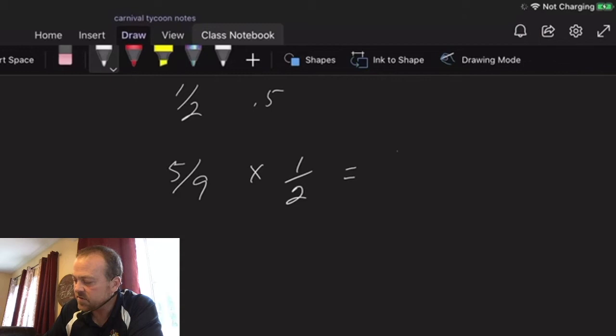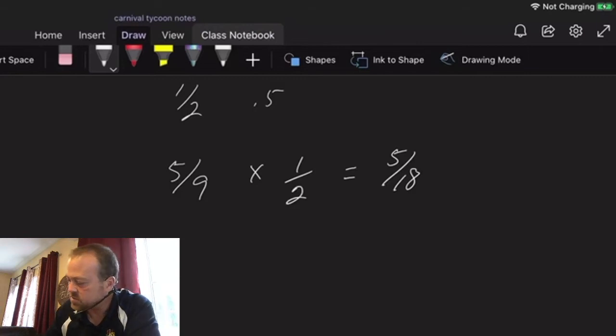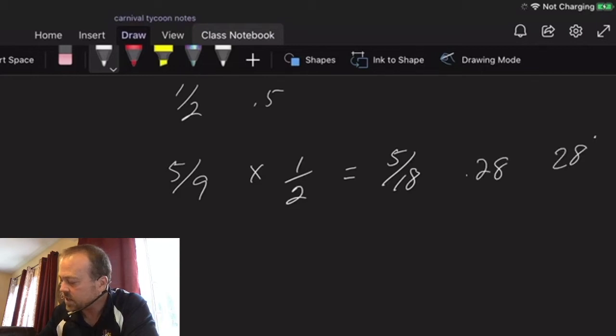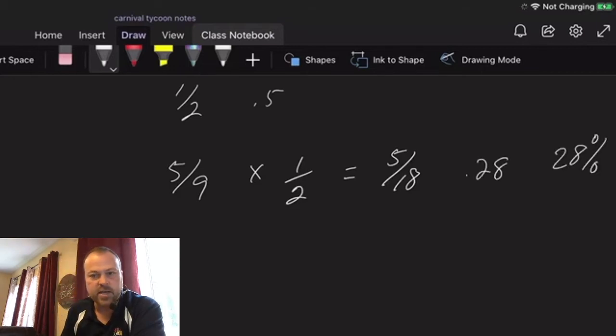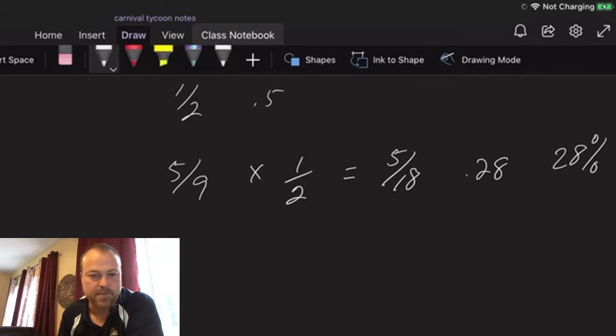That will give us 5/18. And again, not necessarily something that just comes to us off the top of our head, but if we put it in a calculator, 5 divided by 18 is 0.28 or 28% chance of getting those two things to occur at the same time.